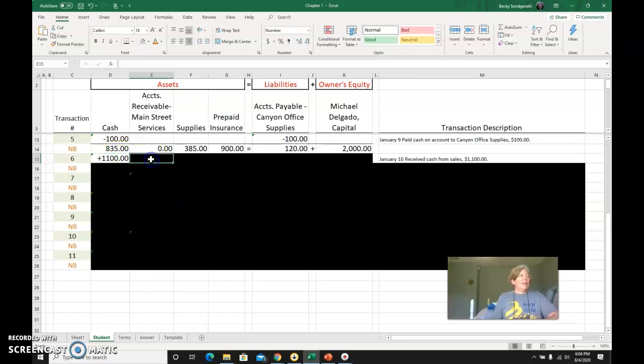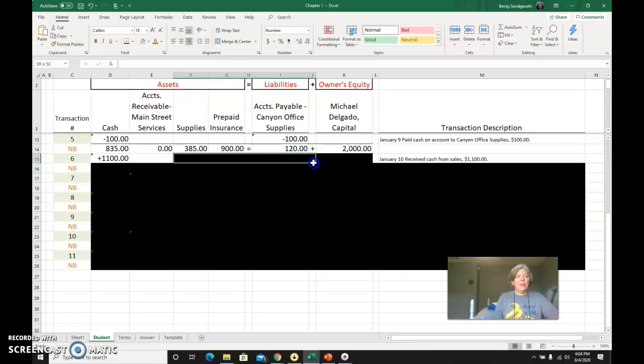Then I would look at accounts receivable. Was that affected? I don't see anywhere here where it says on account, so it is not accounts receivable. We're not receiving later. It's not supplies. I don't see supplies. I don't see prepaid insurance anywhere in that transaction. I don't see any words that say on account, so it's not accounts payable.